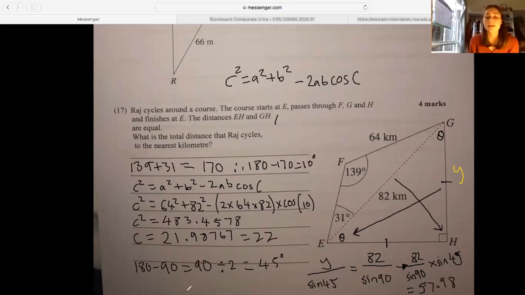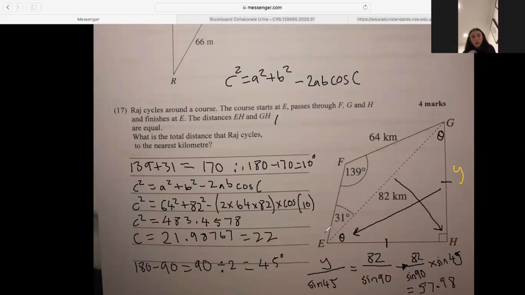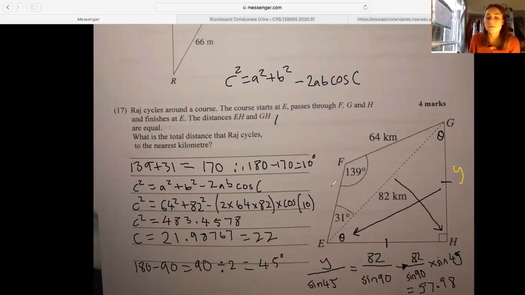And then we just have to add up all of those. All of our sides that we found. So we'll add up our y and our y, because we need to find the total distance that Raj cycles.